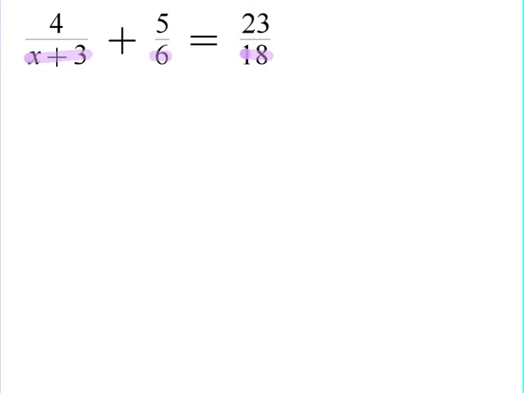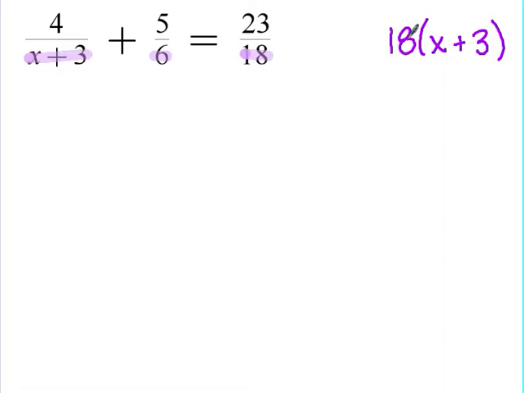First of all, x plus 3 has got to be part of the LCM because that's a quantity. Now I have the numbers 6 and 18. What's the least common multiple between 6 and 18? 18. Remember, least common multiple is the smallest number that both go into. 18 can't go into 6, it can only go into 18.